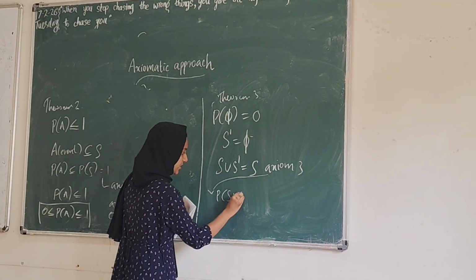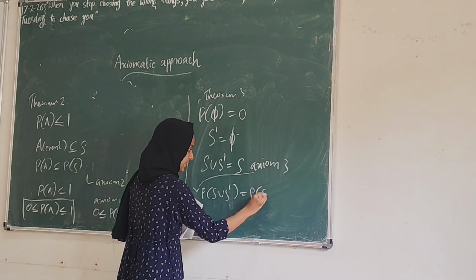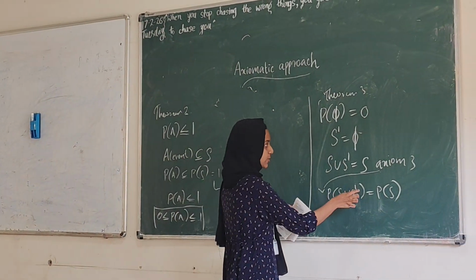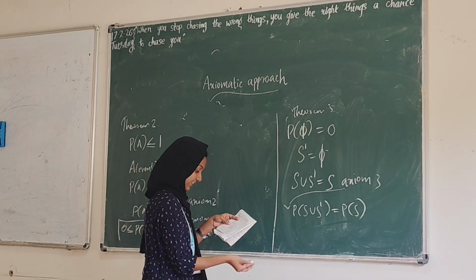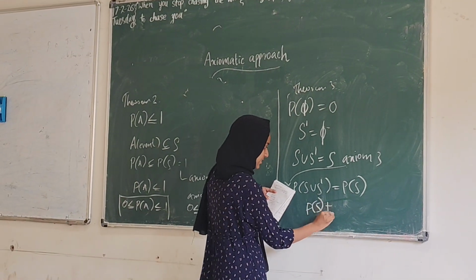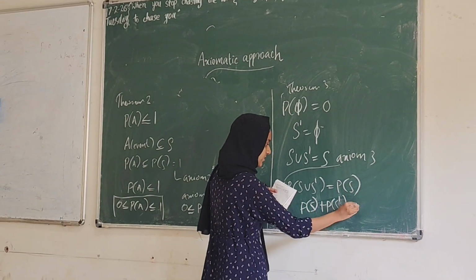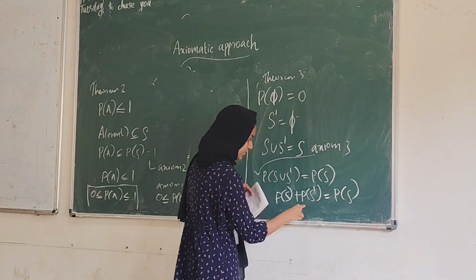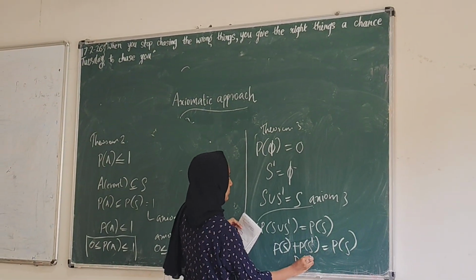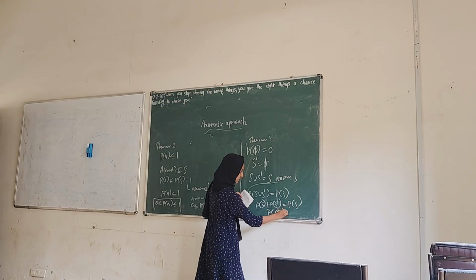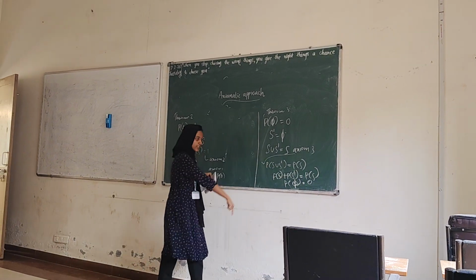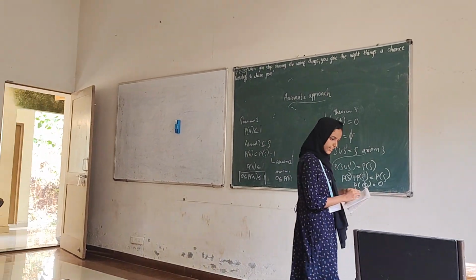Probability of S union S complement is equal to P of S. As S complement is the empty set, we can write P of S plus P of S complement is equal to P of S. By taking this to this side, we will get P of the empty set is equal to 0.